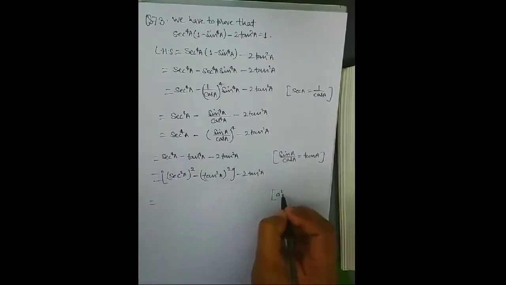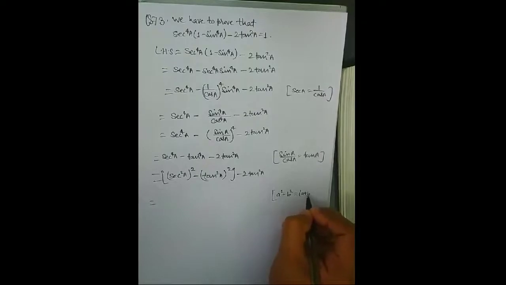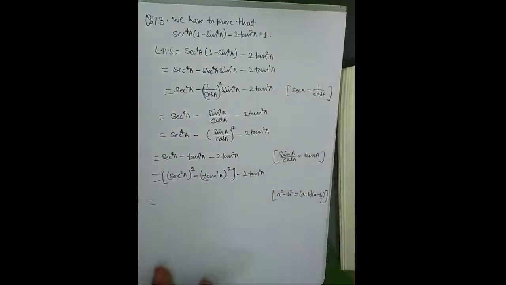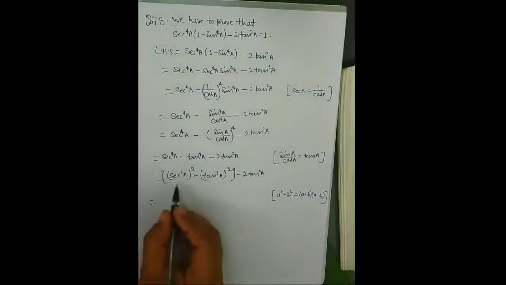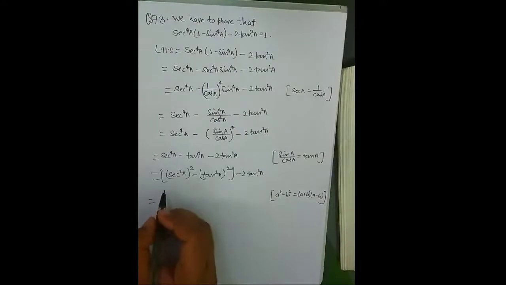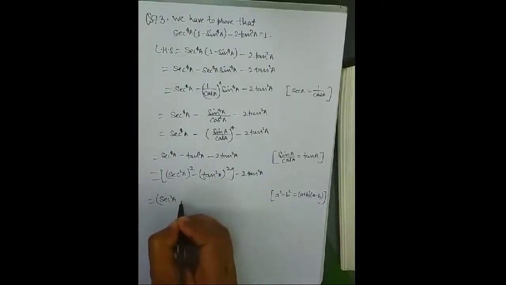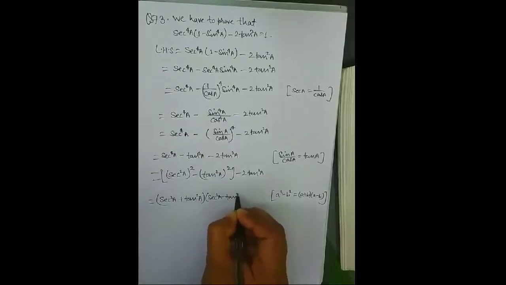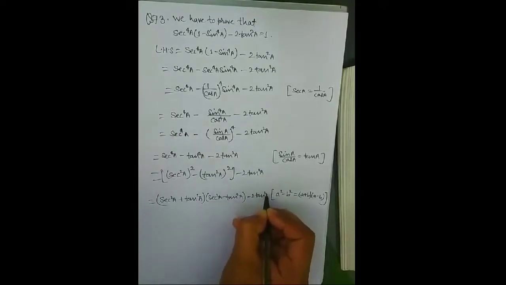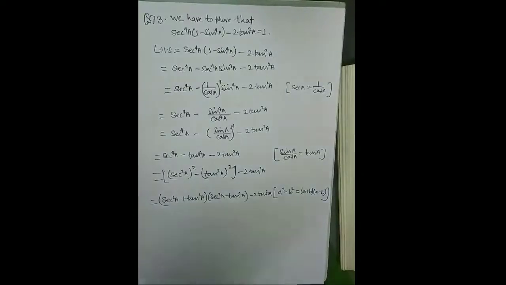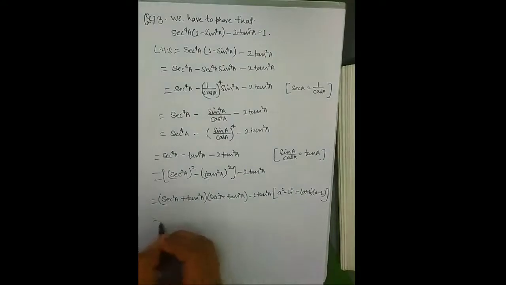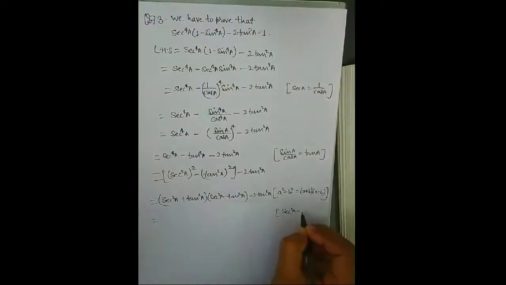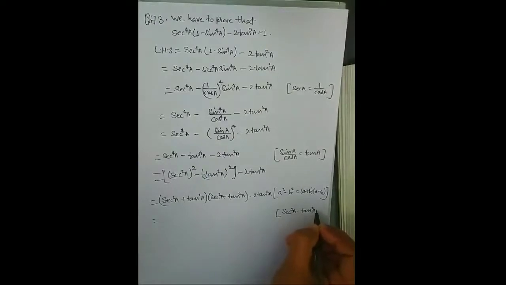यहाँ हम फॉर्मूला यूज करेंगे a स्क्वायर माइनस b स्क्वायर इक्वल टू a प्लस b इंटू a माइनस b. यहाँ a हमारा sec स्क्वायर A है और b tan स्क्वायर A. So we can write sec square A whole square minus tan square A whole square, that is sec square A plus tan square A into sec square A minus tan square A, minus 2 tan square A. यहाँ फॉर्मूला यूज करेंगे sec स्क्वायर A माइनस tan स्क्वायर A इक्वल टू 1.